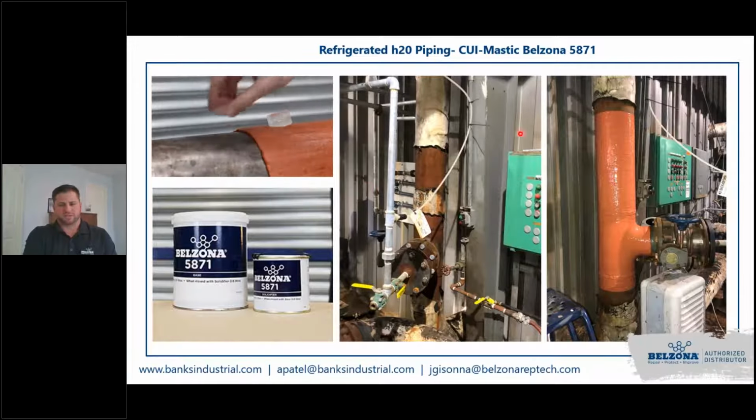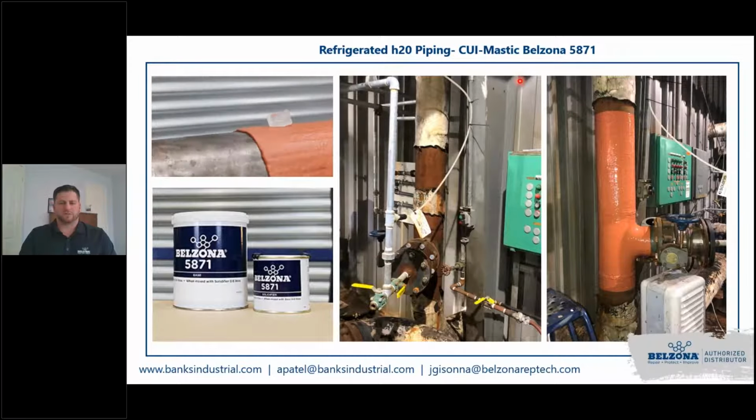So in this particular situation, the customer had their refrigerated water piping and they had some form of a mastic wrap insulation system on it that they thought was helping insulate the pipe. It actually wasn't. So when we went there, we removed some of the insulation. And again, we were as minimally intrusive as we possibly could without damaging and disrupting the pipe in their service. We did find some through holing.